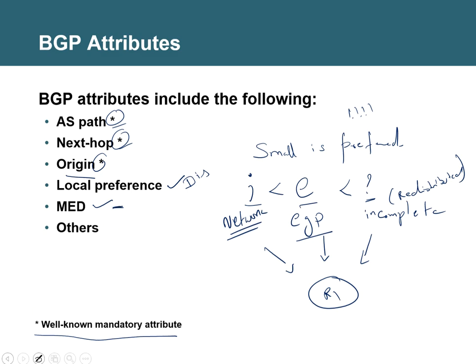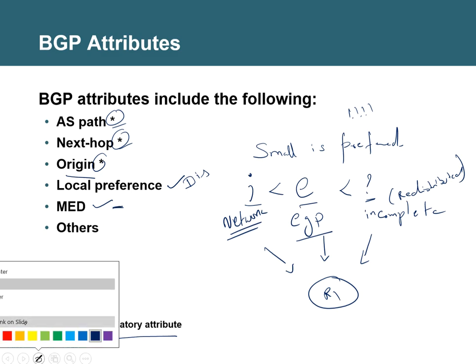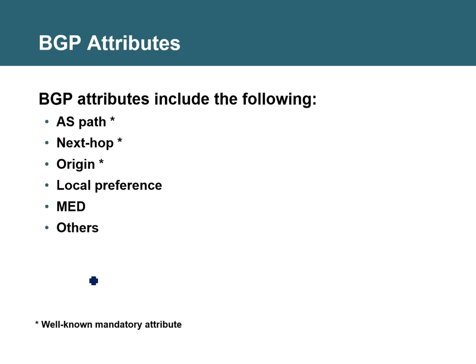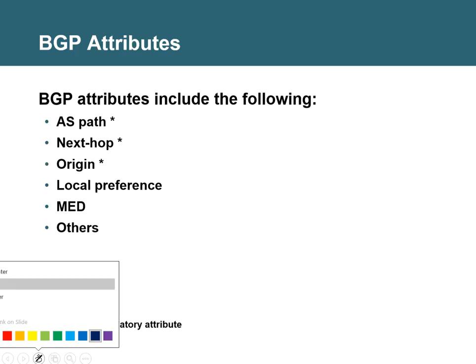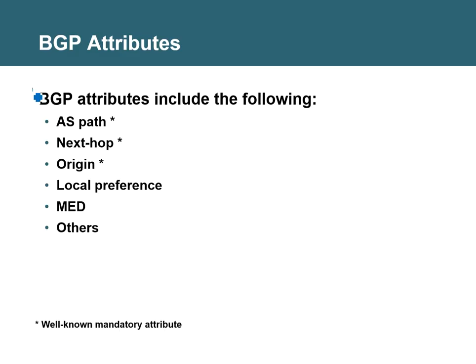Okay, so these are a few attributes listed here. There are more attributes coming later. But these are the attributes that are used by us to tune to achieve policy-based path selection. The other attributes are dynamic. We don't have an opportunity or option to tune them.